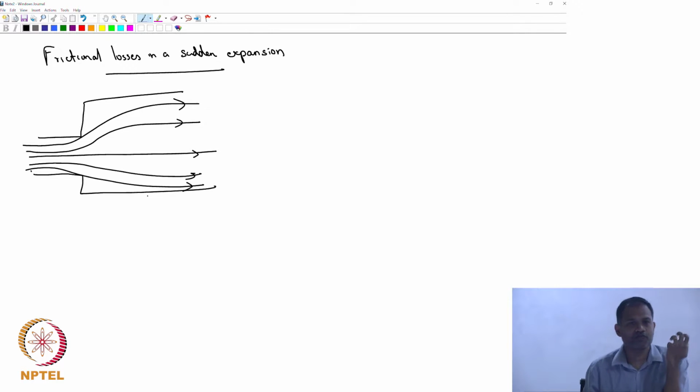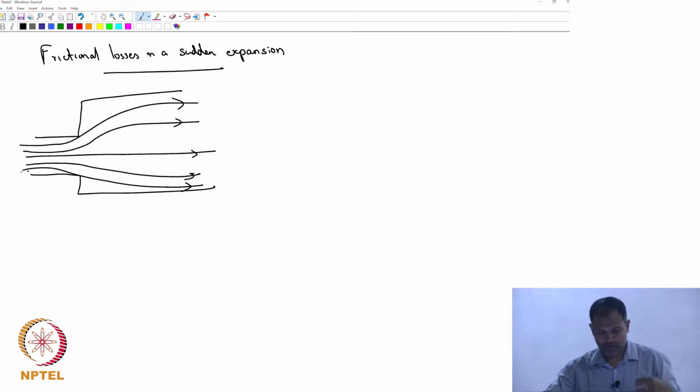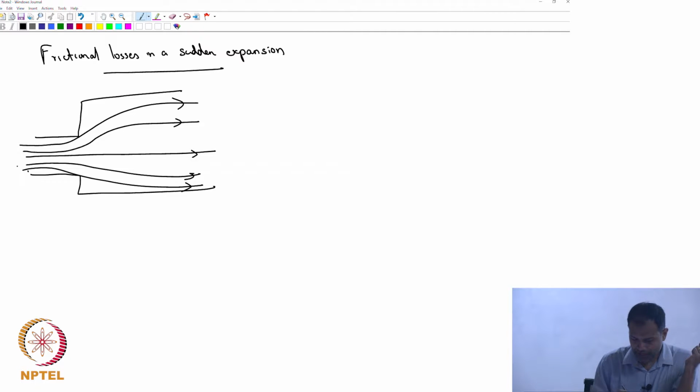Okay, so that's what the streamlines are going to look like. Let's say the fluid that's entering has a velocity VA, and it's exiting with a velocity, let's say VB, where VA and VB are the average velocities.